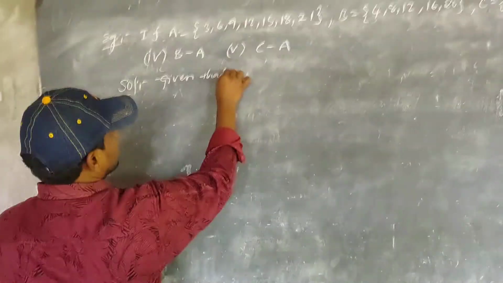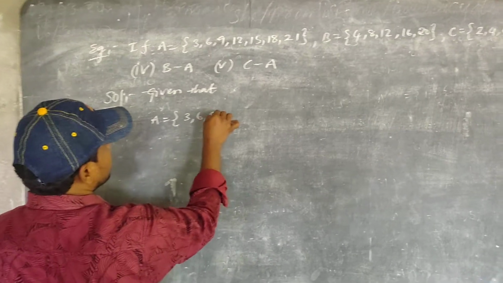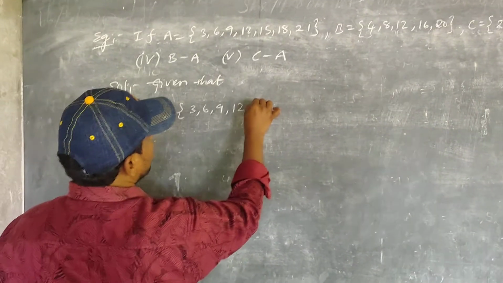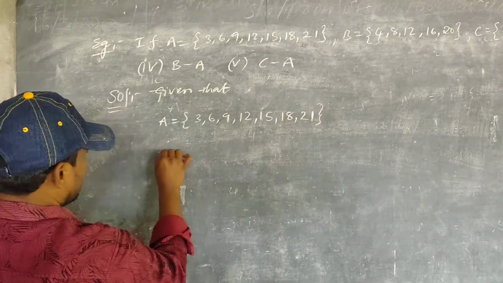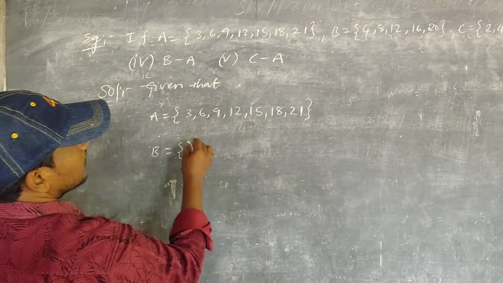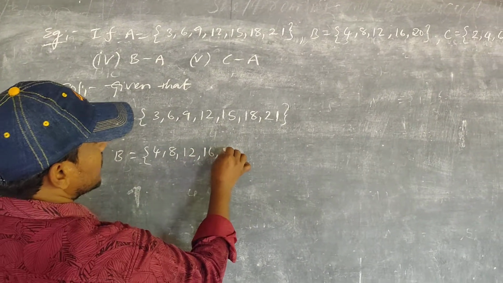What is given? Set A is equal to 3, 6, 9, 12, 15, 18, 21. Set B is 4, 8, 12, 16, 20.